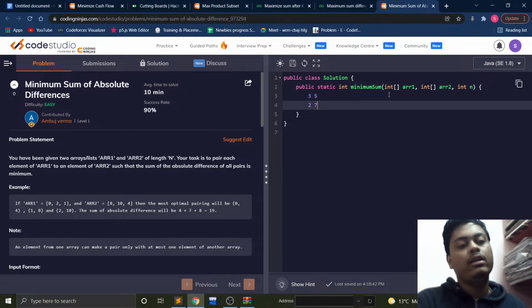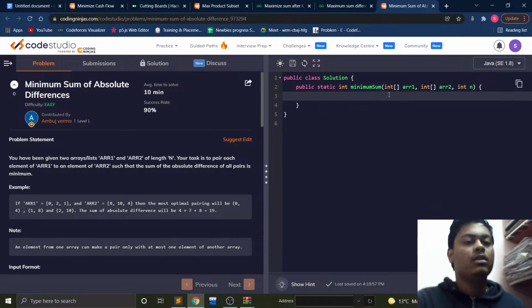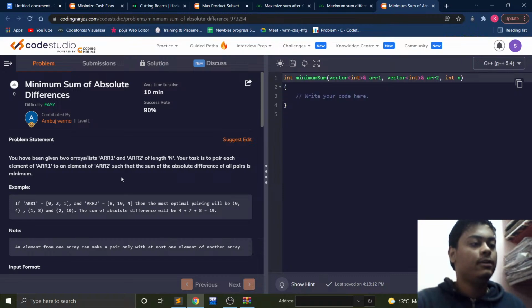Your differences are 1 and 2. If I exchange them, now this difference will increase, this will also increase. I think sorting and pairing will work here.